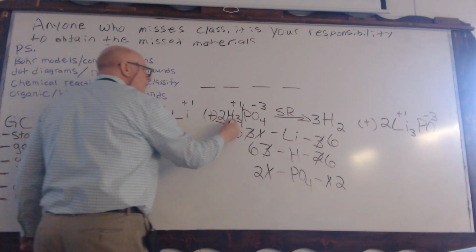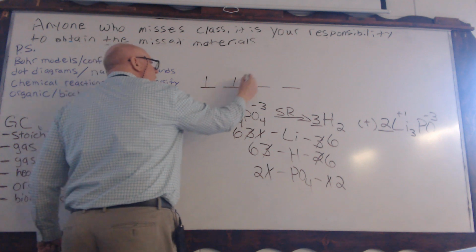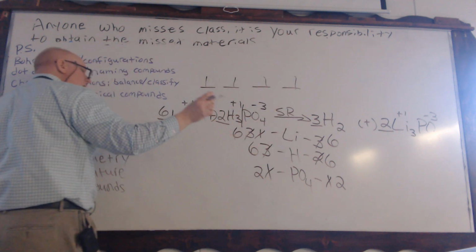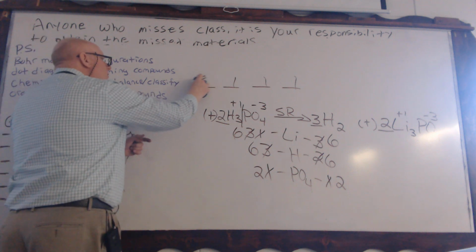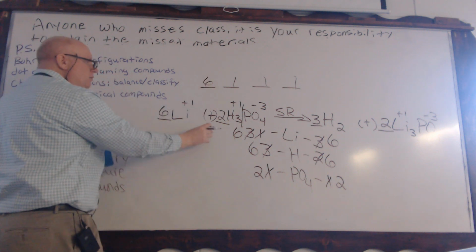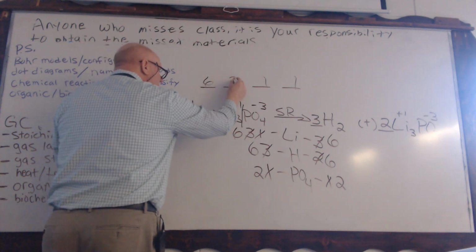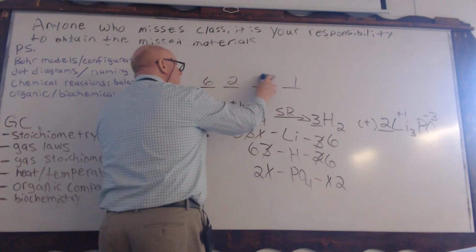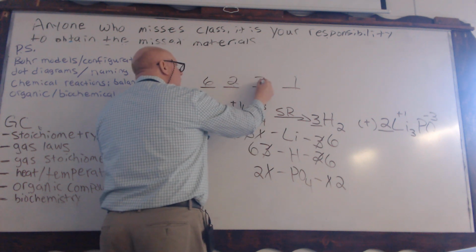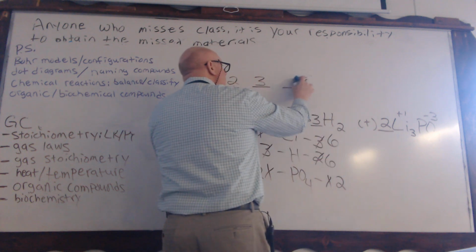And this is where those numbers are coming from. So we had 1, 1, 1, and 1. This was a 1, but we changed it. Put a 6 here. This was a 1, but we changed it to a 2. This one was a 1, but we changed it to a 3. And then this one was a 1, but we changed it to a 2.